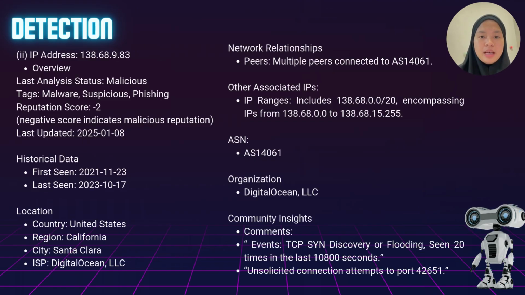Another example, I chose another IP address, 138.68.9.83, to overview the malicious, suspicious, and also phishing. This IP address has a reputation score of -2. In the historical data, the first seen is 23 November 2021 and the last seen is 17 October 2023. It's located in the United States, region California, city Santa Clara, and the ISP is Digital Ocean LLC.